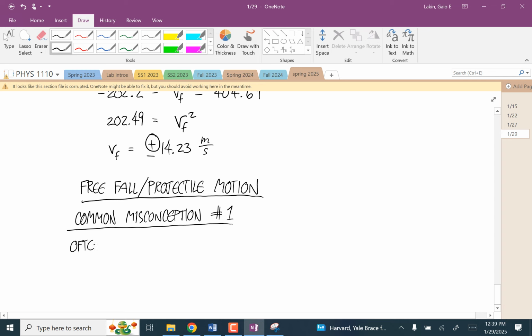So it's often thought, this is a very common thing for people to believe, and if you believe this, you're in really good company. The best scientists in the world thought this until the 1700s, maybe the 1600s. Anyways, that gravity makes heavy things fall faster.